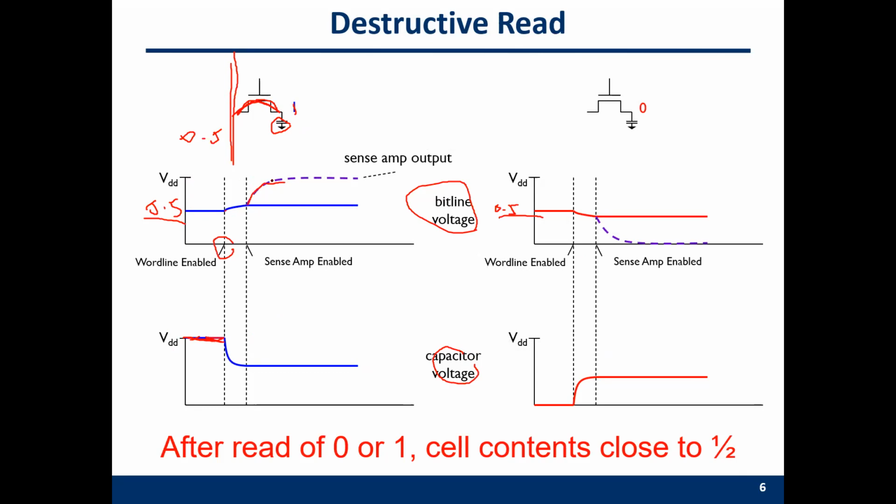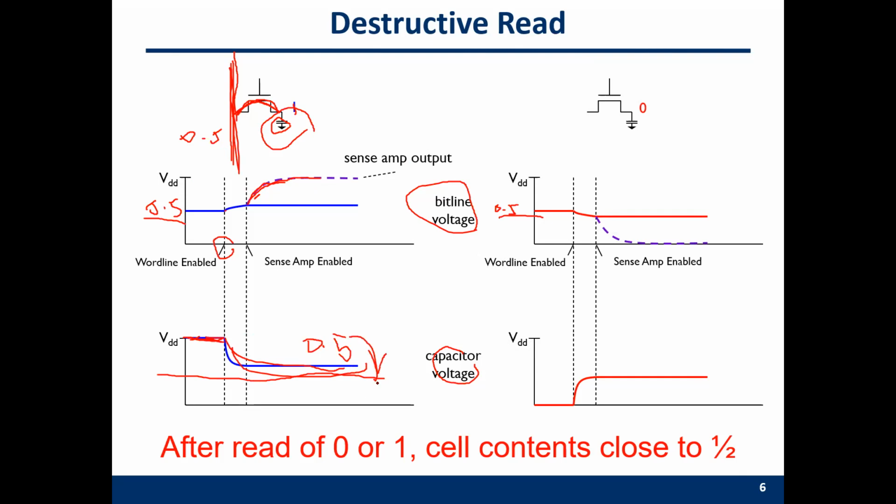It will get close to the VDD, but you can never reach the VDD. You can never be the same as the VDD. Why? Because this is 1, this is 0.5. If you add 1 plus 0.5 and then divide by 2, you get 0.75. It's never a 1 again. So the voltage here will increase a little bit, but the voltage inside the capacitor will decrease a little bit, but it's still larger than 0.5.